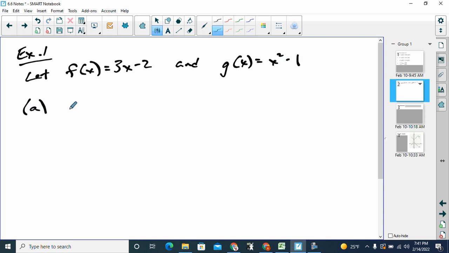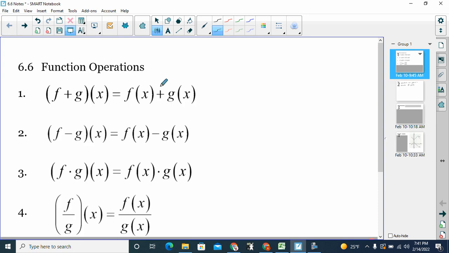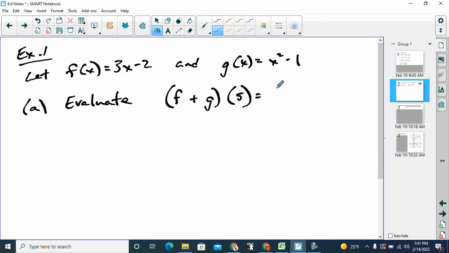Part A asks us to evaluate (f + g)(5). So this notation where it says (f + g)(5), I think it's usually easier to think about the other way that I wrote these, the way on the right here. I'm always going to rewrite it in these terms anytime it's given to me. So (f + g)(5) is the same thing as f(5) + g(5).